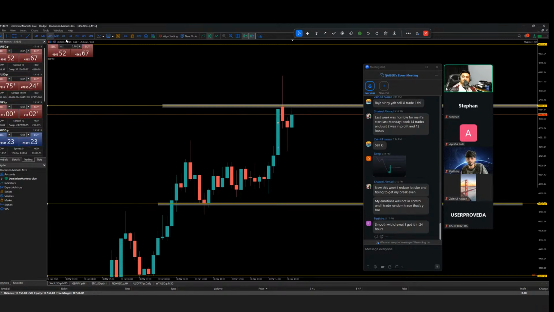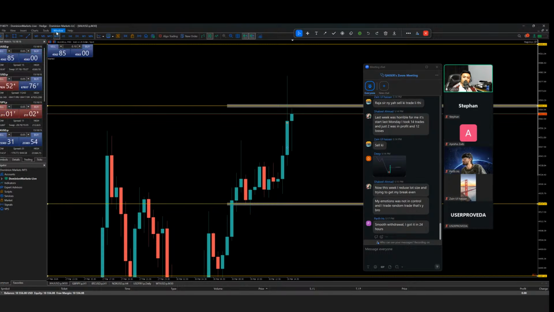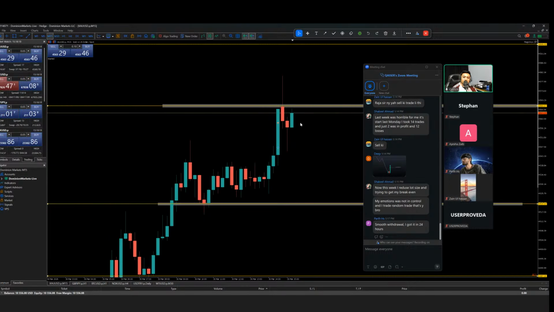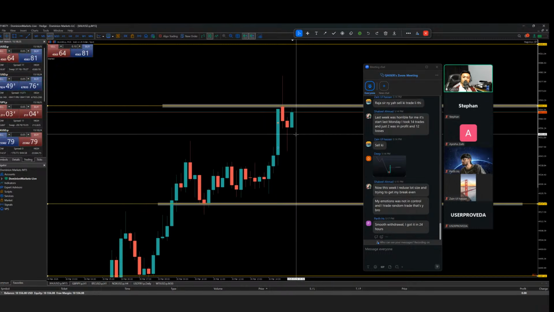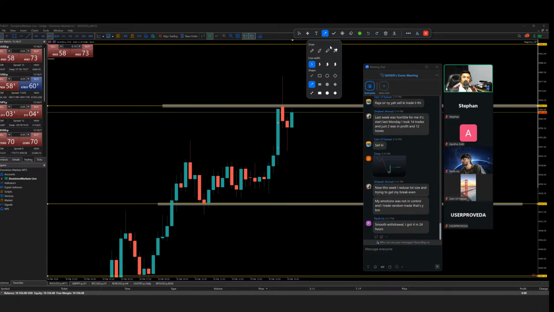So let's see. 30-minute pushing, but still I need some kind of structure here. This candle still doesn't have a bottom wick. What if it's going to break its own low? I can visualize two scenarios.